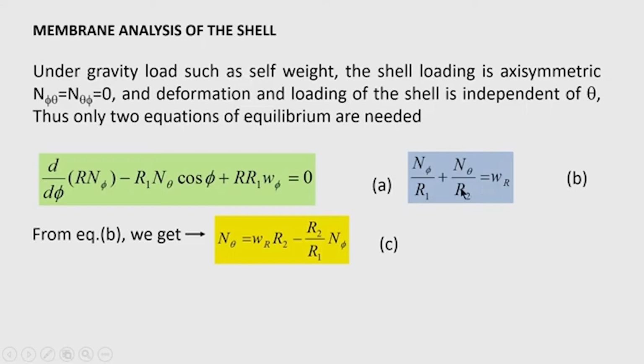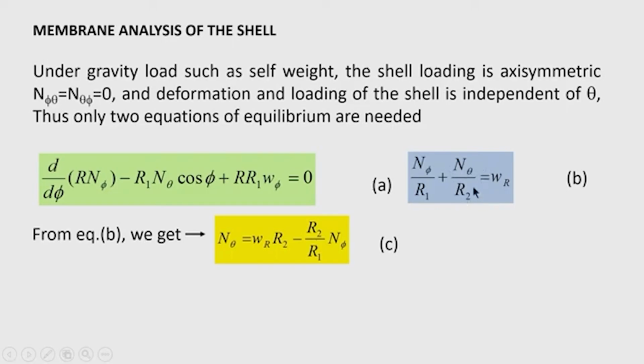W r is the component of the load in the radial direction. So, this second equilibrium equation pertains to the balance of forces along the radial direction.